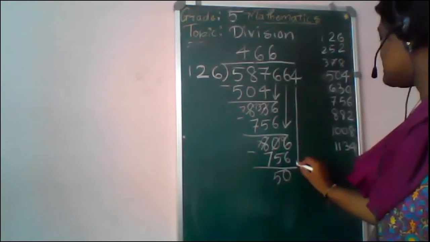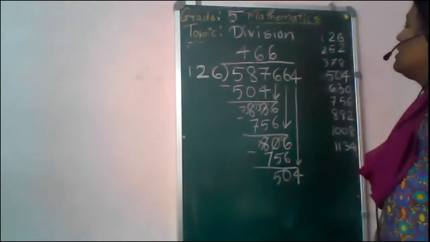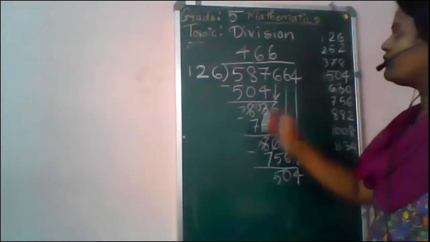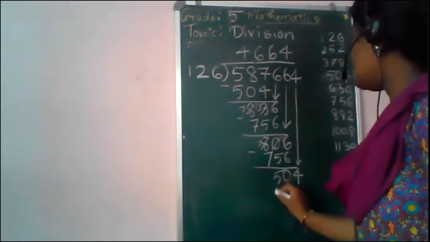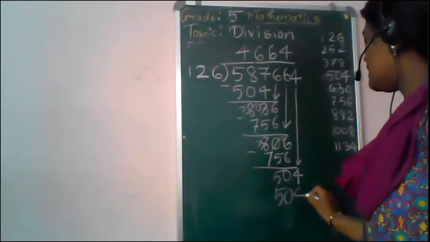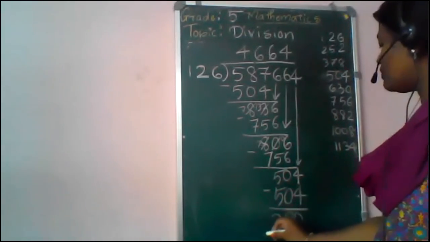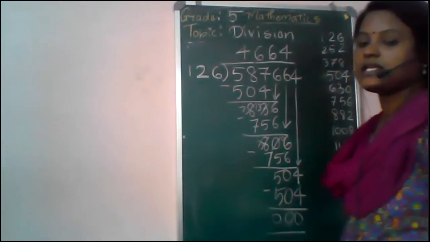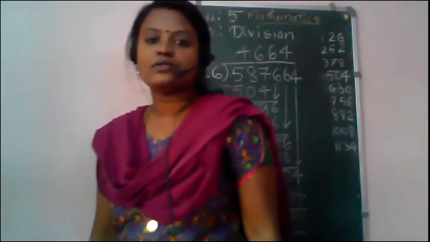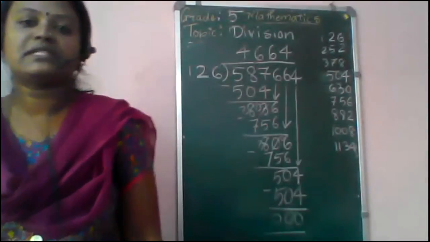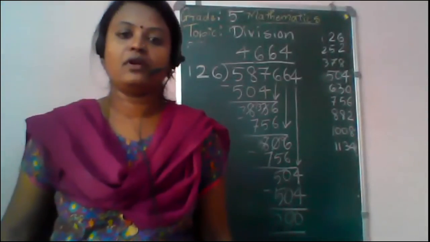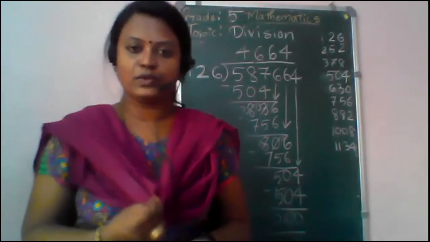Bring down the next digit 4. 126 fours are 504. This is completely divisible since we got the remainder as 0. This states that each person pays rupees 4,664 for the educational tour.